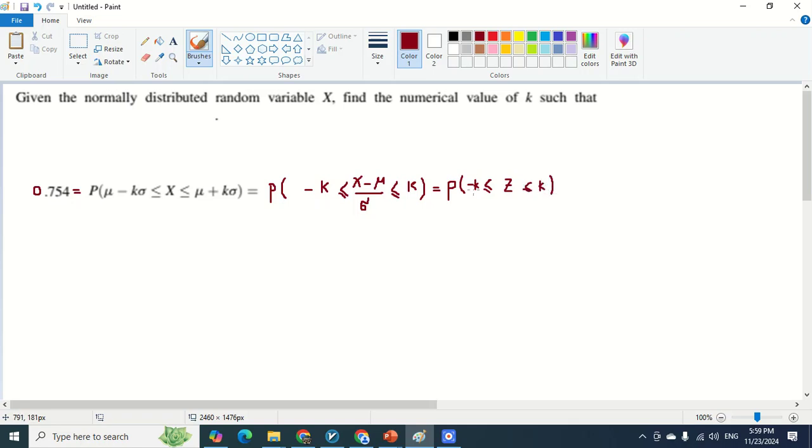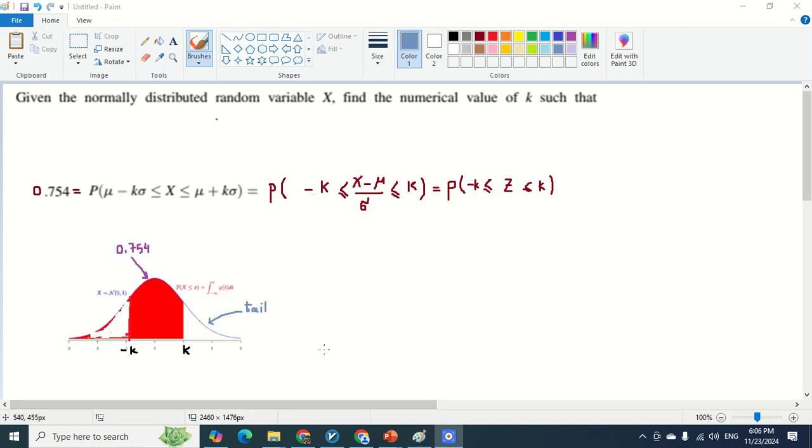But let us take a look at this situation on the shape of a normal distribution. So we have the diagram of the situation over here. The k and minus k are equidistant from 0. They have the same distance from the 0, and this is the standard normal distribution, meaning that the distance of k and minus k from 0 are the same.